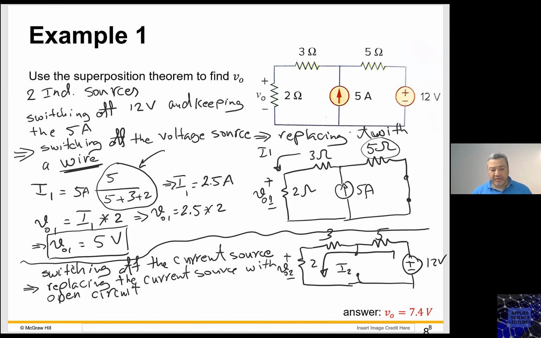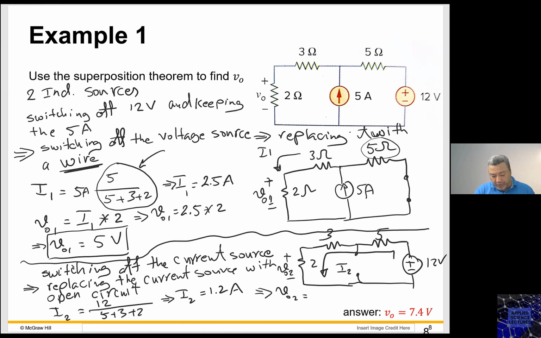Then what is this current? I2 is 12 divided by the summation of all resistances, so 5, 3, and 2. And I2 is 1.2 ampere, right? Then what is the voltage V naught 2?